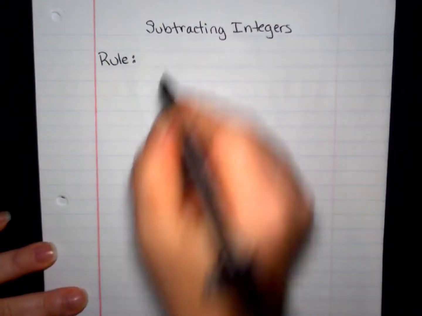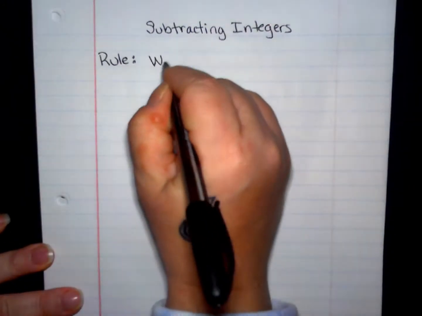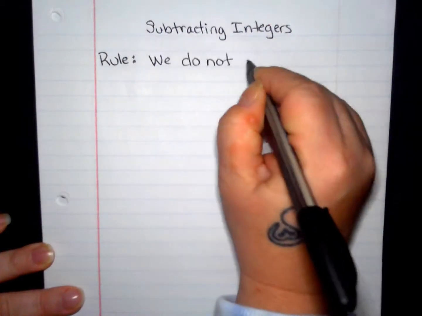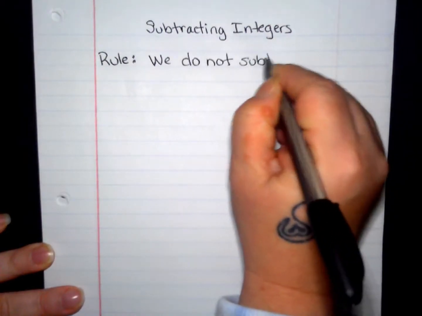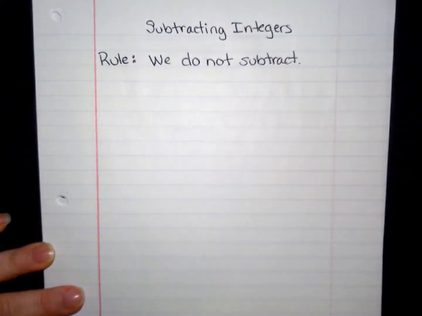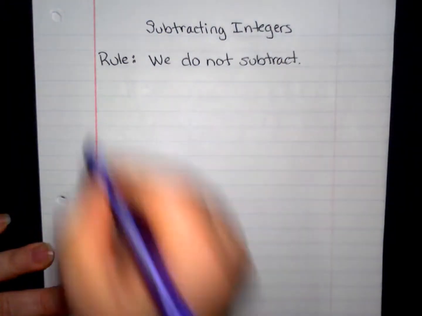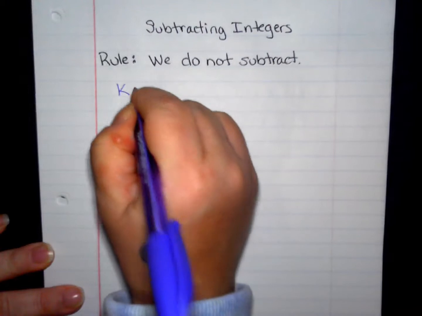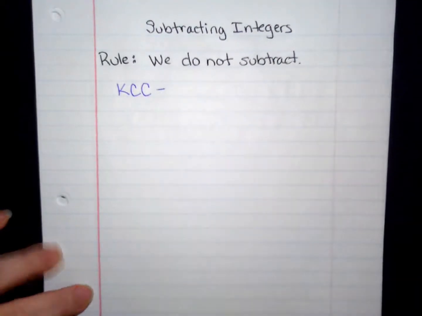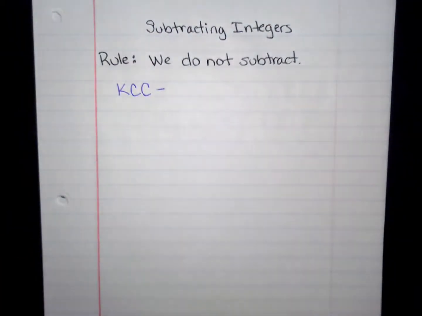Our rule for subtracting is we do not subtract. Instead, we use something called KCC. Now, I know that you're going to say, oh, that sounds just like keep, change, flip, KCF.